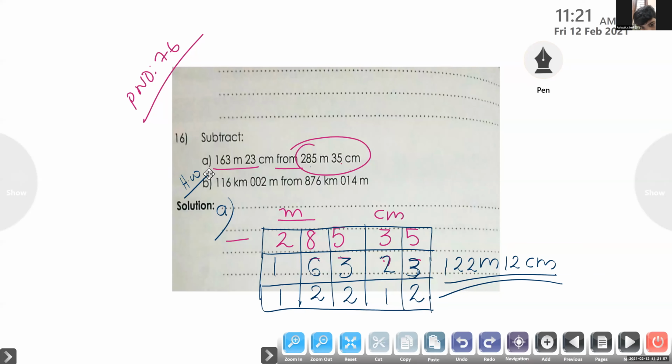Now for the length topic, you only have to study question number 1 to 16. The remaining questions we don't want to do. Question number 17 onwards, the word problems, we don't want to do. That is not included in the syllabus. So only complete till question number 16.